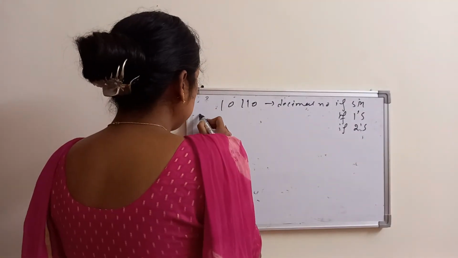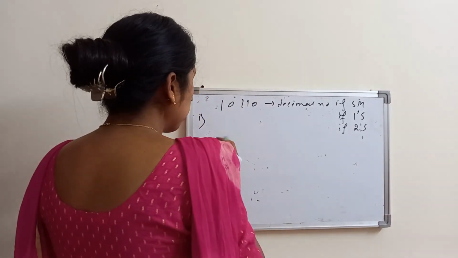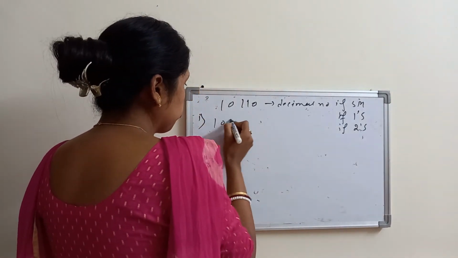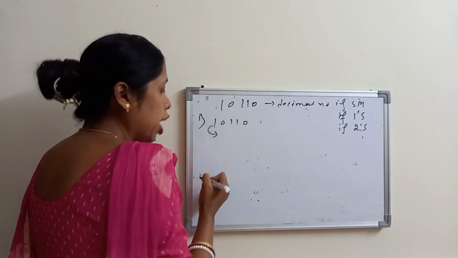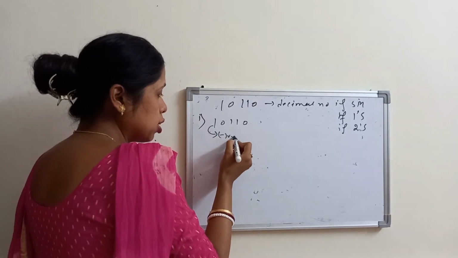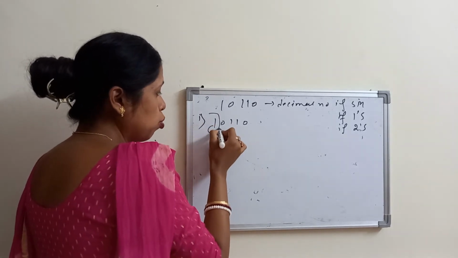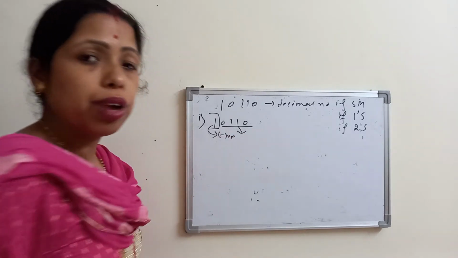So first, SM, if the number is given in signed magnitude format. Okay, what do you have to check? If the number is given in signed magnitude format, first you have to check the MSB. The MSB is 1, that means the number is negative, right? So I have to remove the MSB, and the rest of the number will give the magnitude of this negative number.